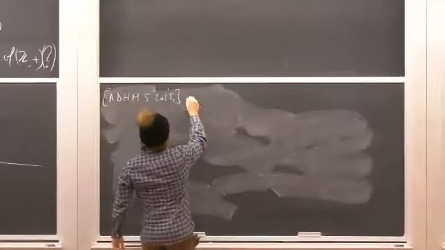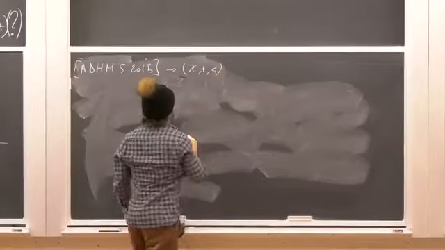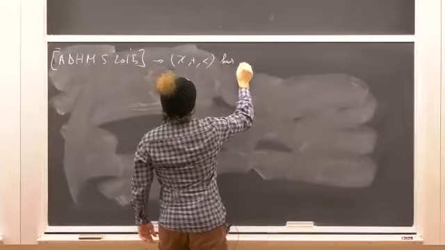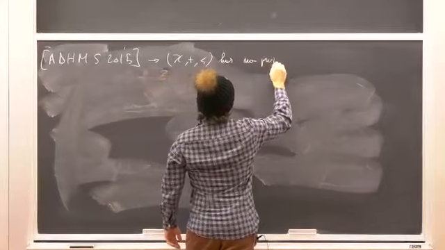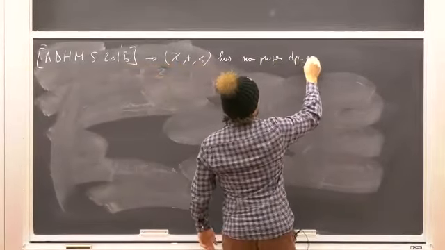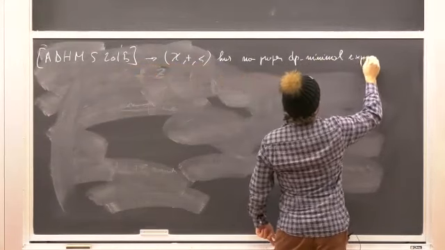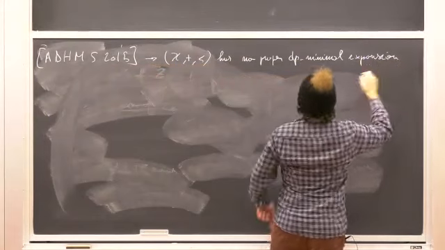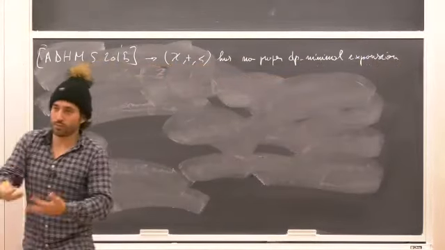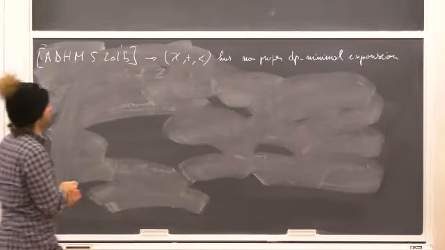And they prove that Z plus less than has no proper DP minimal expansion. Proper means that it's an expansion which defines strictly more definable sets.